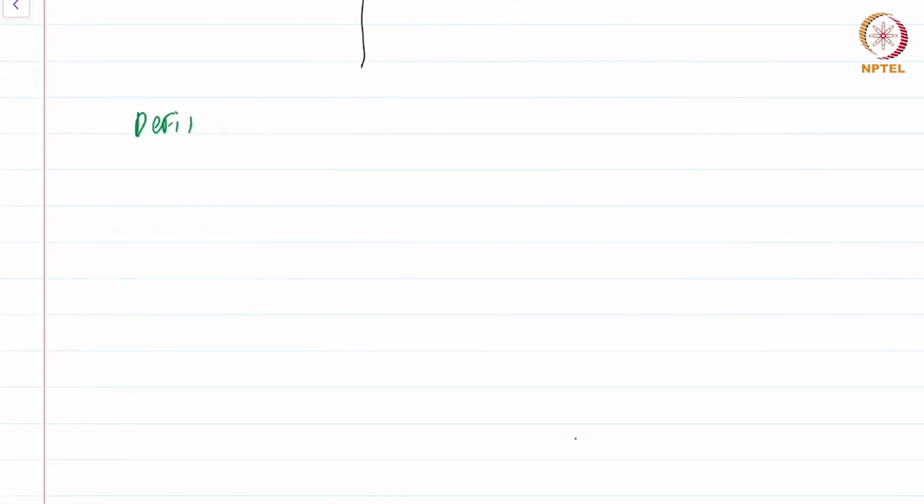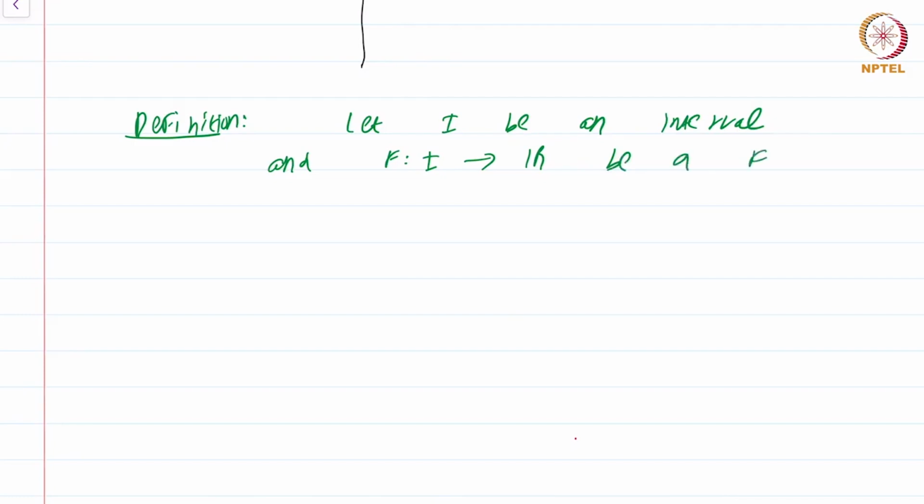Definition: let I be an interval. I'm not specifying whether it's closed, open, half closed, nothing like that. And f from I to R be a function.